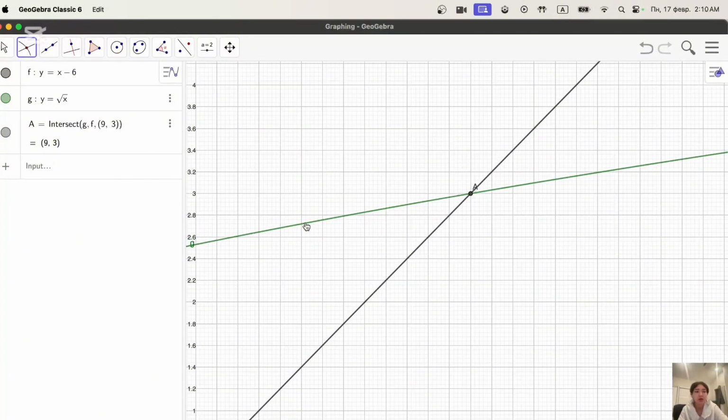So the CAS operation correctly solved this equation and identified x equals 9 as the only solution. Our graphing confirms the solution by showing the intersection at x equals 9. This method ensures both algebraic and graphical verification of the solution.